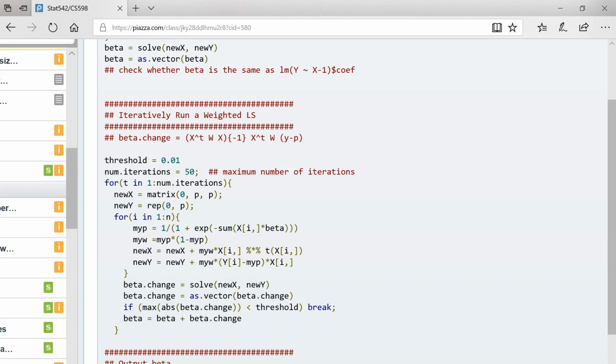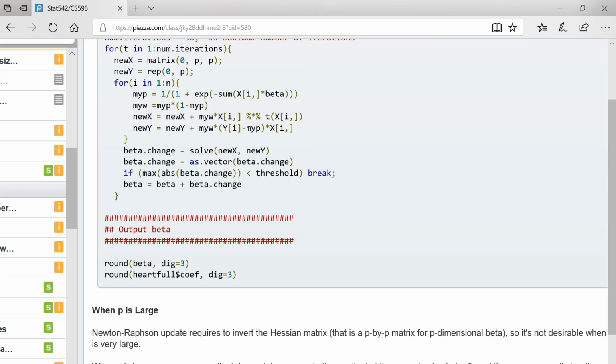Actually, you're going to find that it stops very quickly. I tried the threshold to be 0.001, and the iteration stopped after 19 iterations. This is just a Newton-Raphson algorithm, which you can find in the lecture notes. Again, the idea is getting those matrices and weights, and you can do all the calculation without loading the whole data matrix into memory.